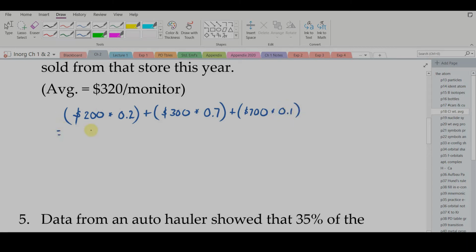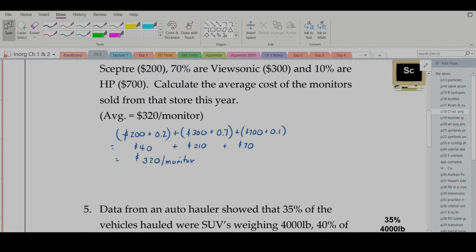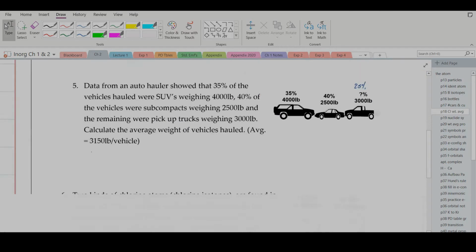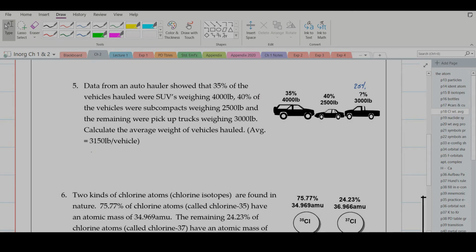This works out to be $40 plus $210 plus $70 for a grand total of $320 per monitor. All right, weighted average. Okay, one last example before we do the chemistry example.